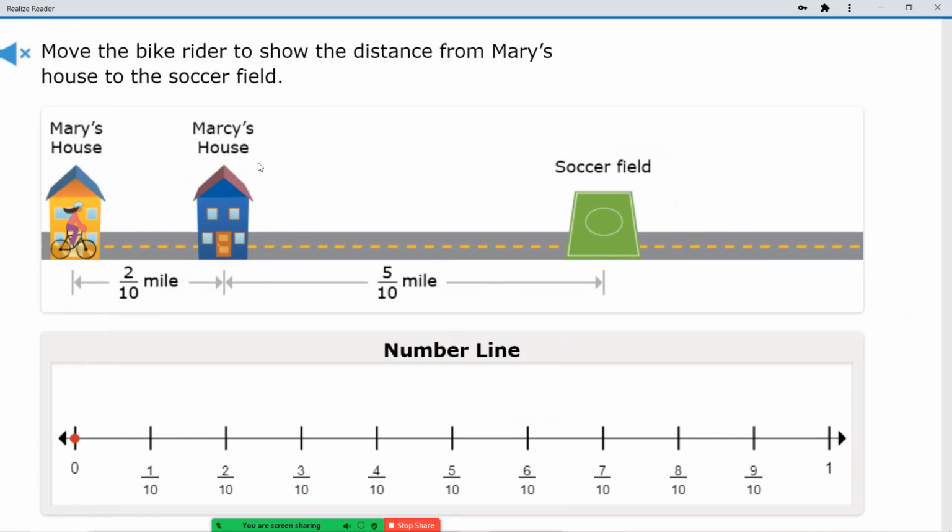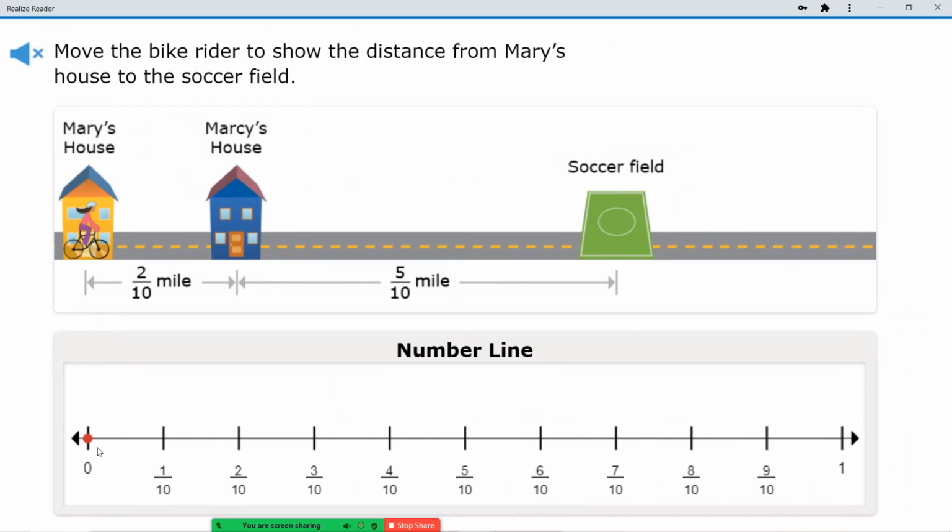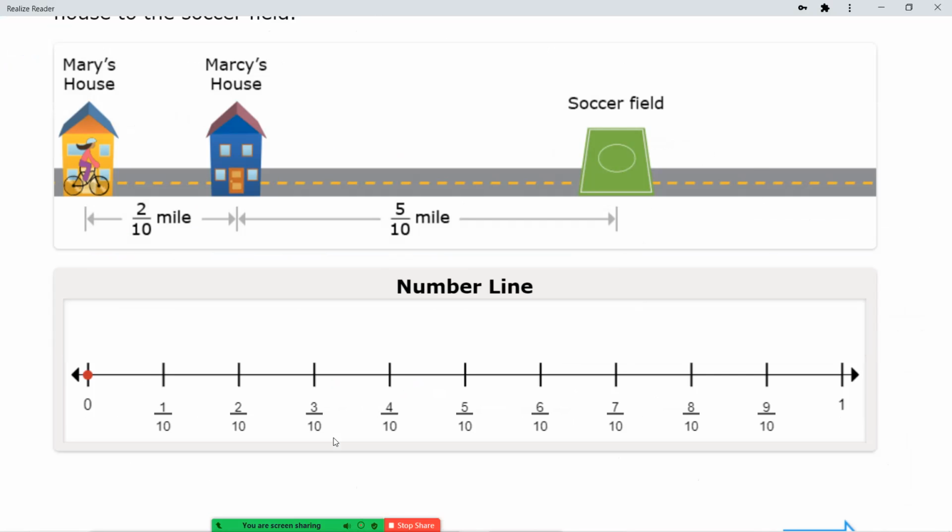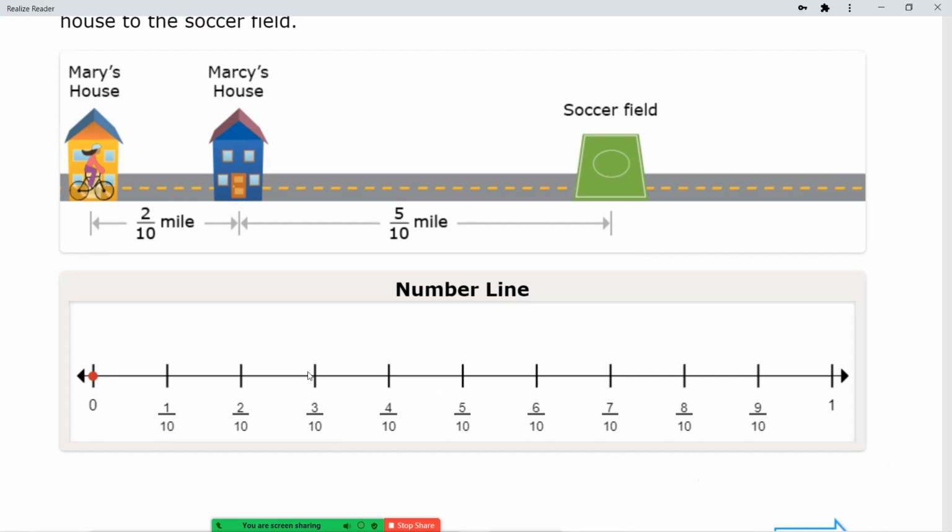Move the slider to show the distance from Mary's house to the soccer field. Okay, so let's use the slider over here to help us move along and figure out how far it is from Mary's house to the soccer field. Now, if we're going to move the 2/10 mile over here, so up to this mark is where it's 2/10, and then we move an additional 5 spaces.